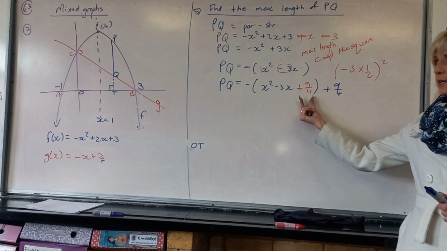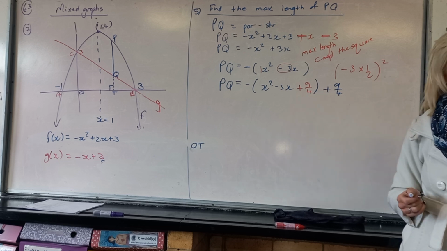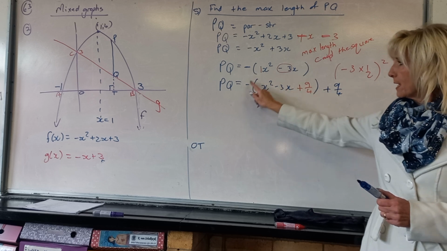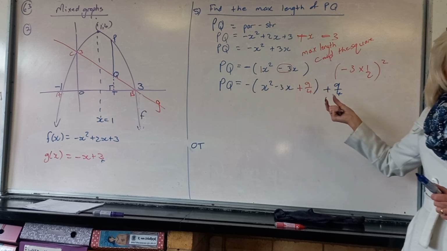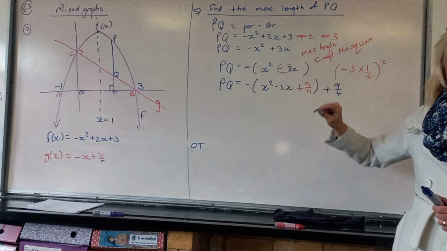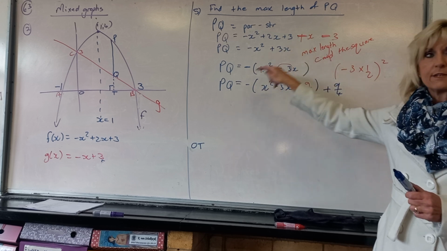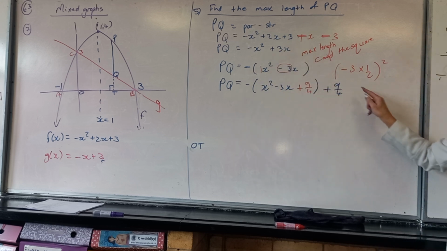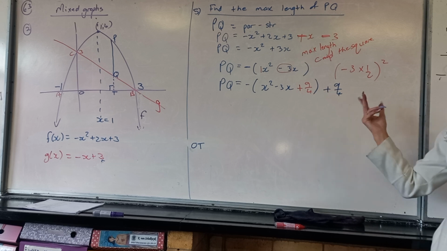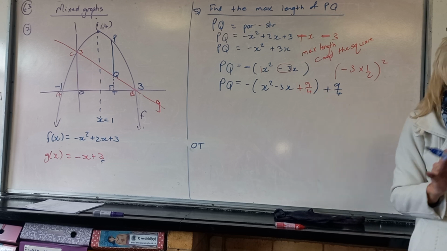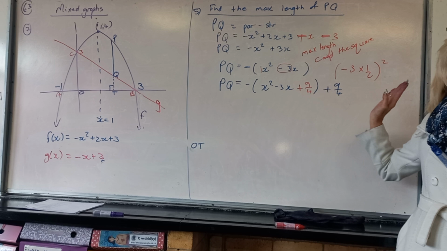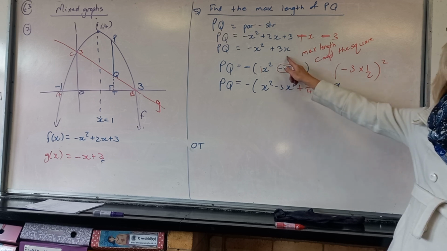It looks like twice you put plus plus. It's not right. You put negative 9 over 4 because the 9 over 4 is inside a bracket that's timed with a negative. So you added negative 9 over 4. So you must put plus 9 over 4 to make it cancel out. If you're really struggling with that, please multiply all this out and add it up. You'll still get back to the original sum.